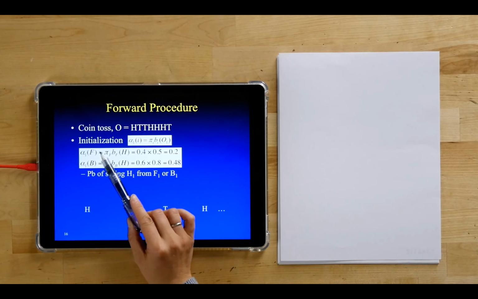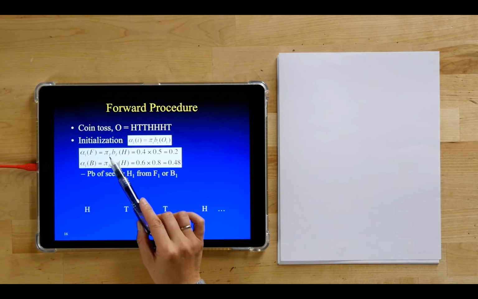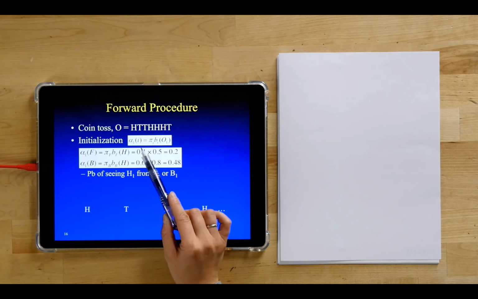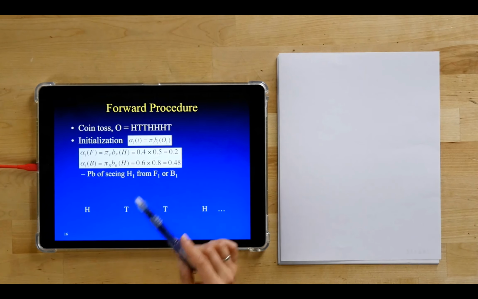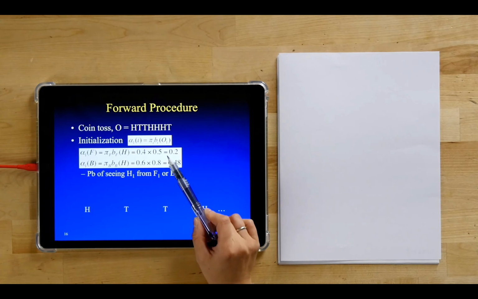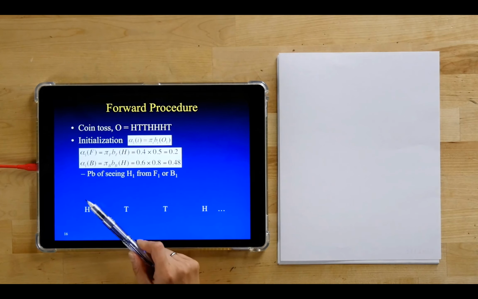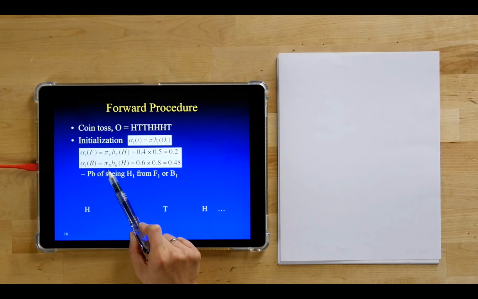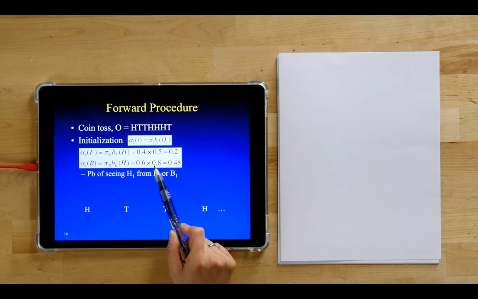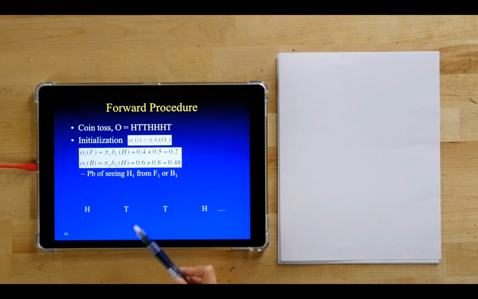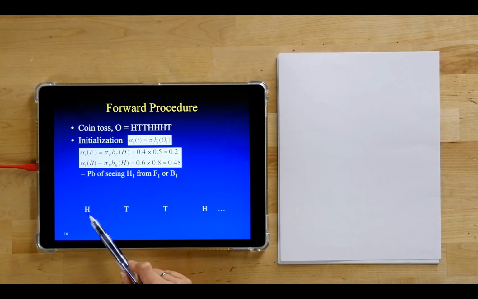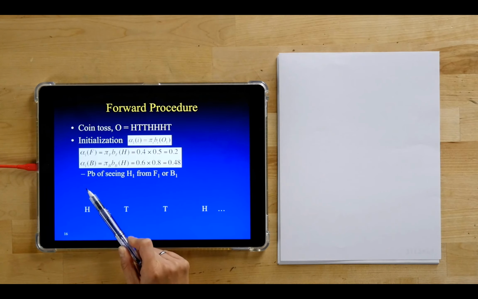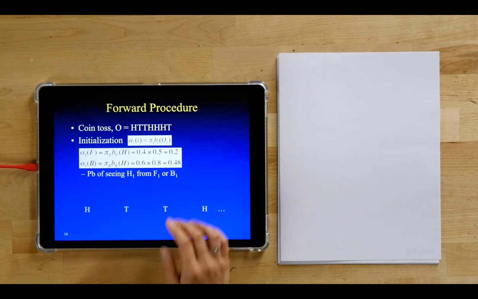So in this case, you can see if I'm using a fair coin in order to get this head, first I have to pick a fair coin, and then from that fair coin, I also have to give out a head, and that probability is 0.2. But if I have to start from using a biased coin, 0.6, and from the biased coin to get a head, it's much easier, then I get a higher probability. So the initialization is the probability of seeing this particular head from either a fair coin or a biased coin, right? So that's your initialization.